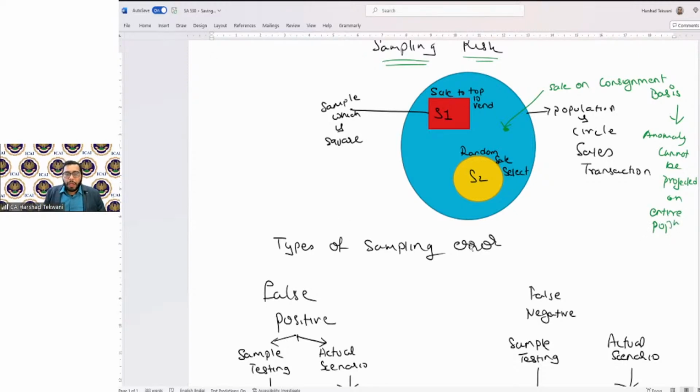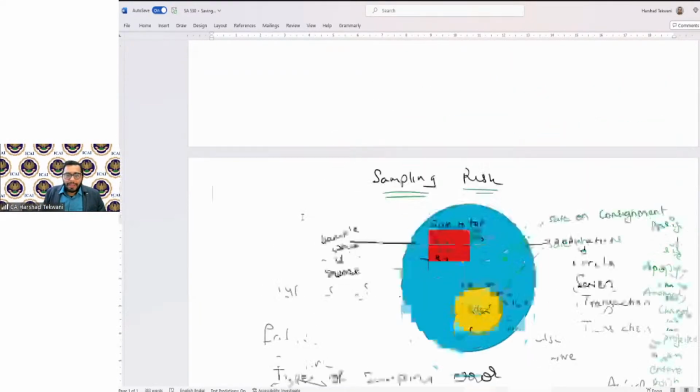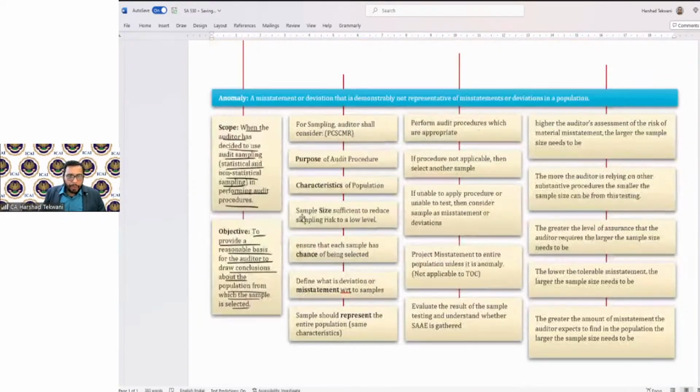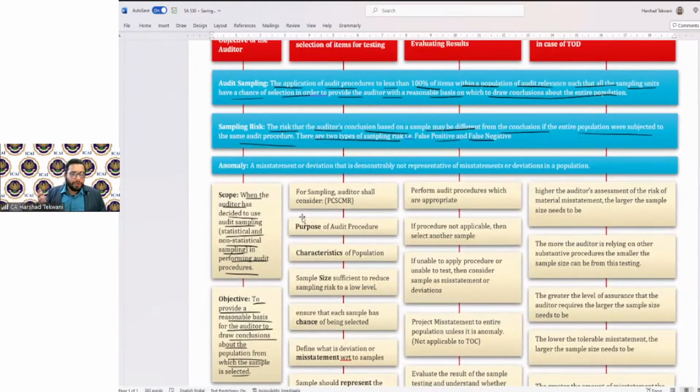Okay, good. Now, let's say, for example, you are going for sampling and you are doing sampling. What things you need to consider while performing the sampling, that's very important.